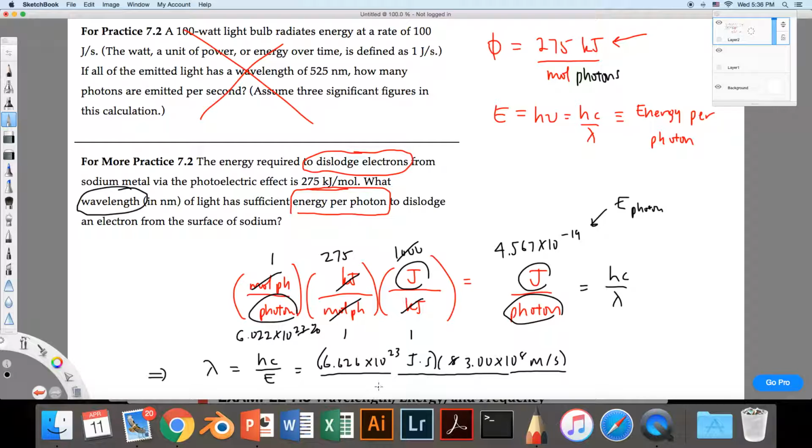Over 4.567 times 10 to the minus 19 joules, right? Now the joules are going to cross off, seconds are going to cross off, and I'm left with meters. You know what? Let's do the conversion of meters to nanometers real quickly here, can we? There's 1 billion nanometers in a meter, and so that's going to be our answer.